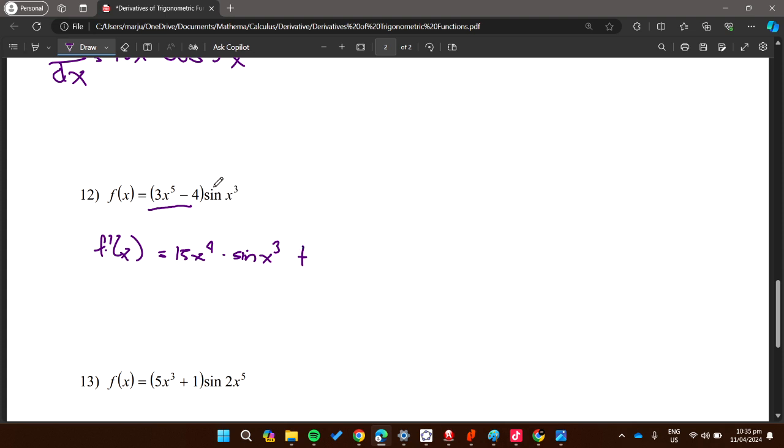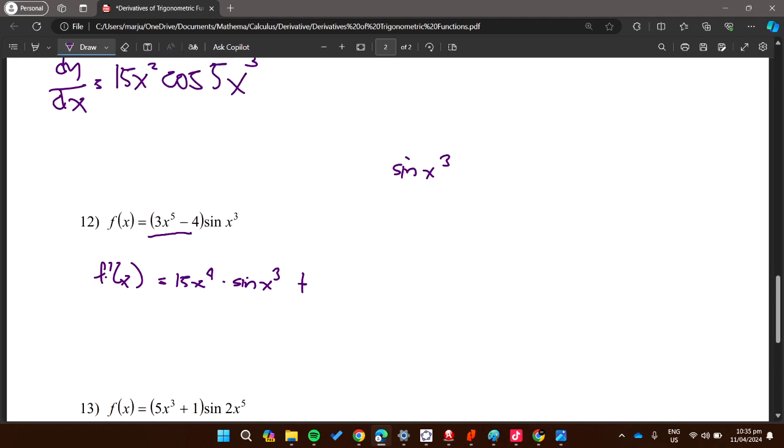So, ang derivative nito is what? Derivative ng sine, that one. This is just what? Outside ka muna. Anong derivative ng sine x cube? Sige daw.